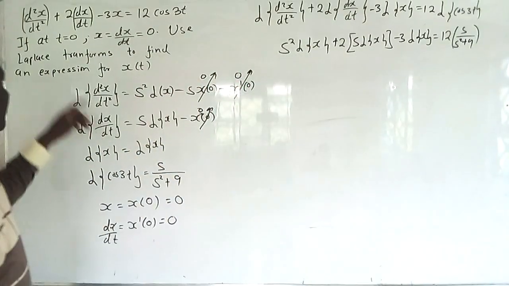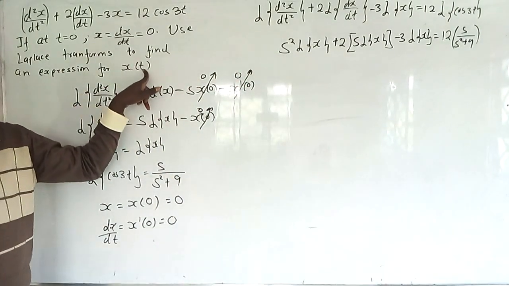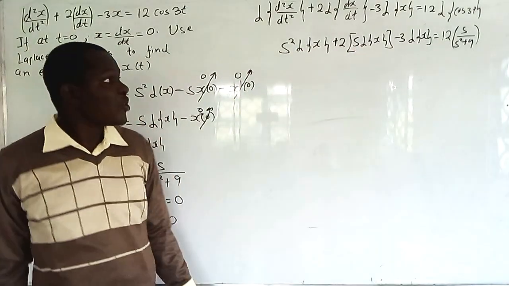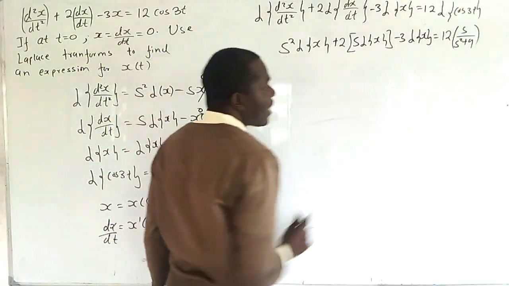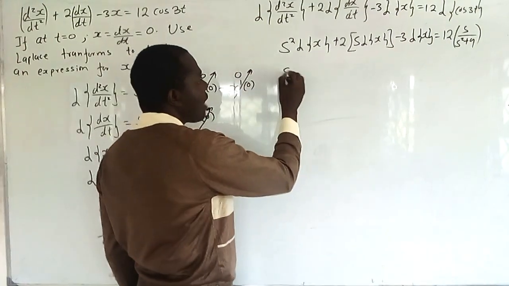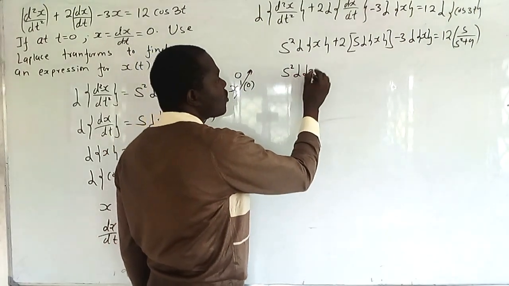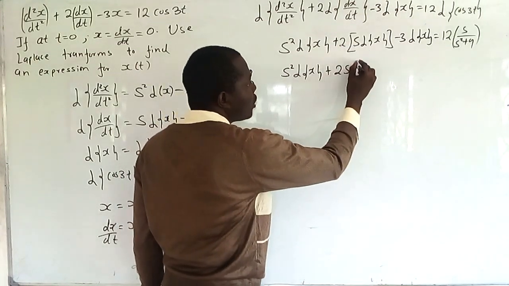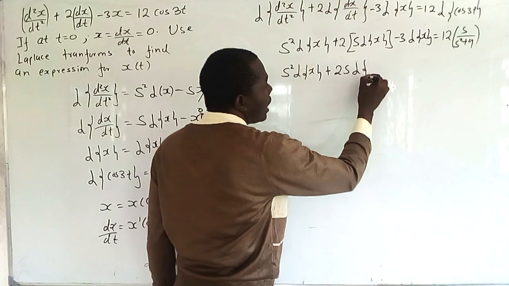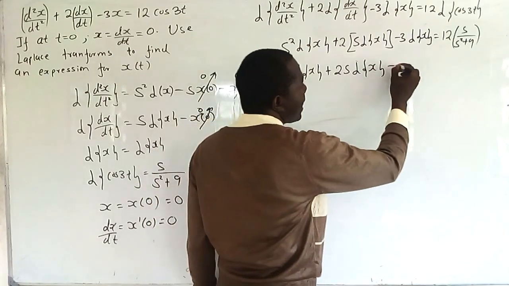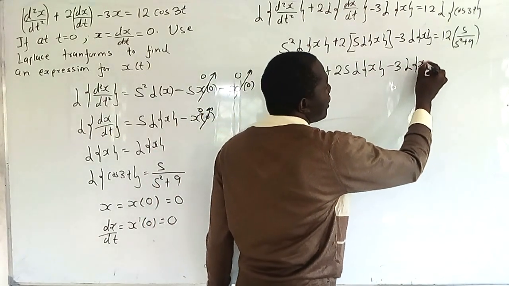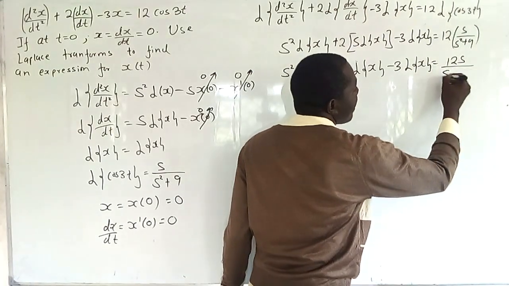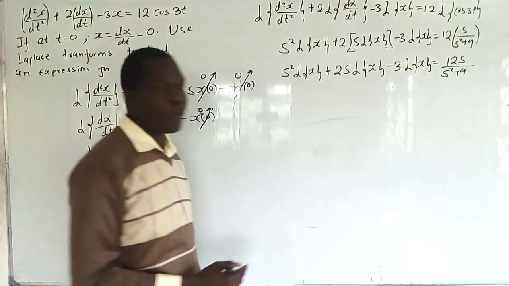What we want to make the subject, because we are looking for the expression of x of t, is the Laplace of x, isn't it? So before you do that, you open the bracket. We have s squared Laplace transform of x plus 2s Laplace transform of x minus 3 Laplace transform of x equals 12s over s squared plus 9.